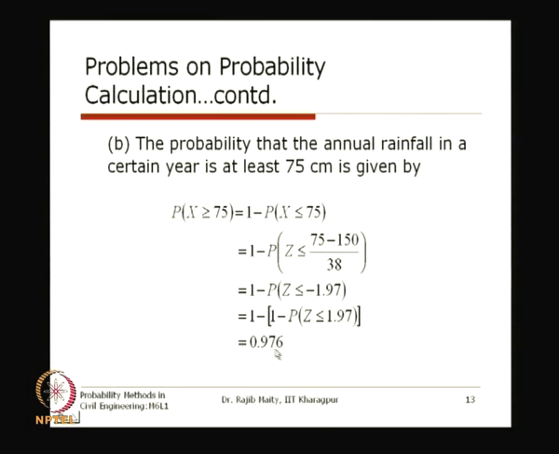Using this, if you get the value of z for 1.97 and do this calculation, the probability will be 0.976. So the probability that the annual rainfall in a certain year is at least 75 centimeter is 0.976.